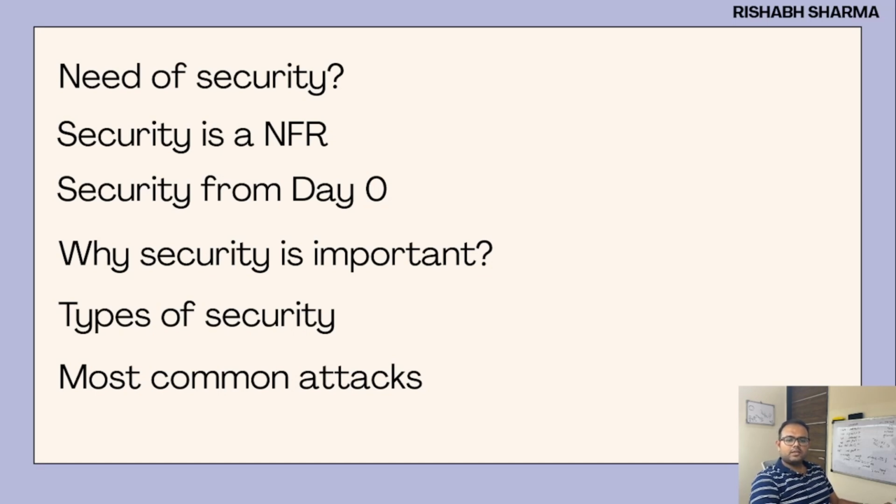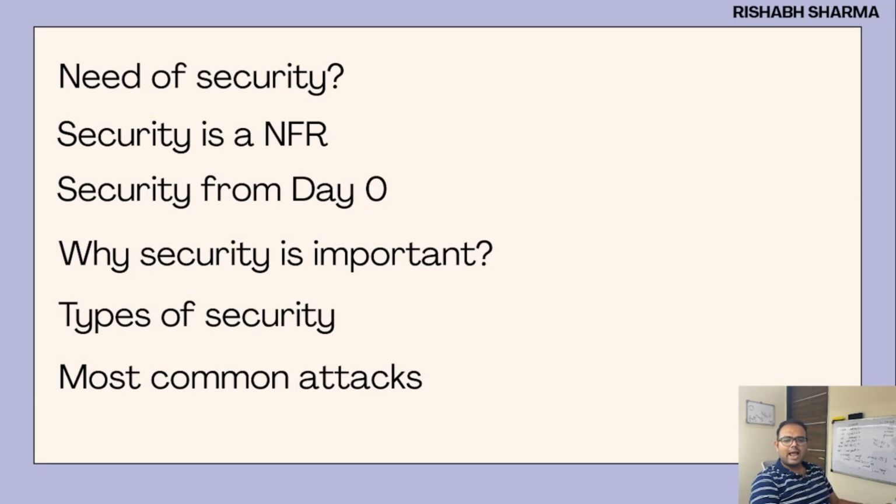Next, security is a non-functional requirement. Security is not a feature, it is a non-functional requirement. That means it does not directly add business functionality, but without it, your functionality becomes dangerous. Just like performance, scalability, and reliability, security is also an NFR, and it must be treated as a core architectural concern.